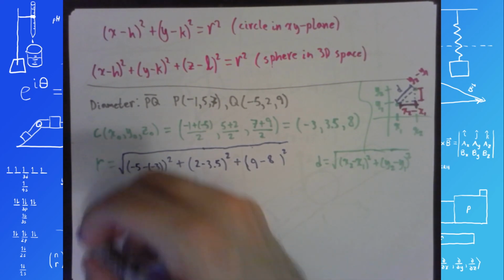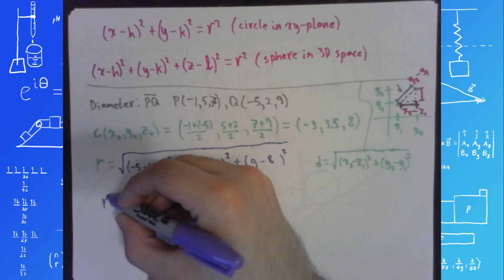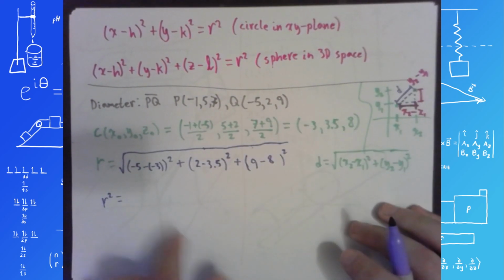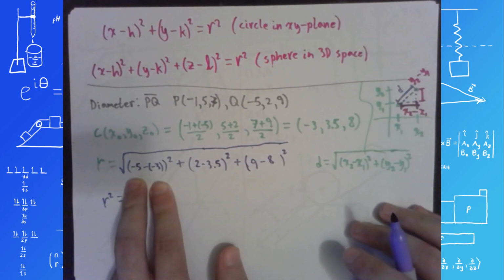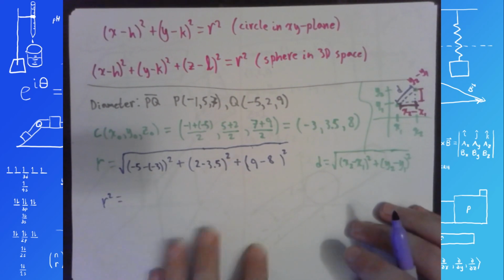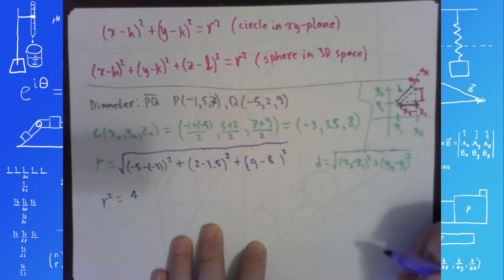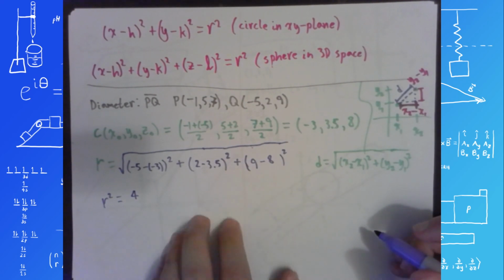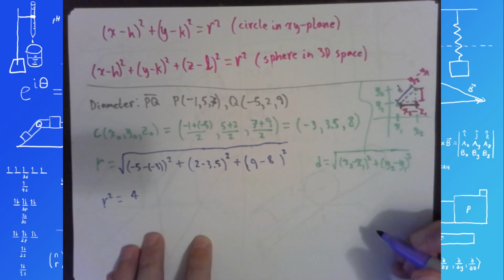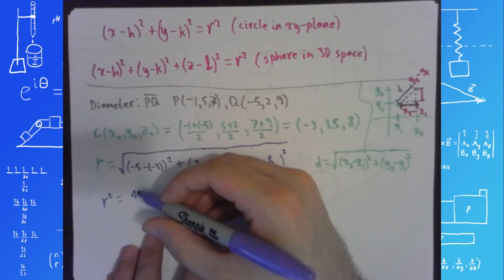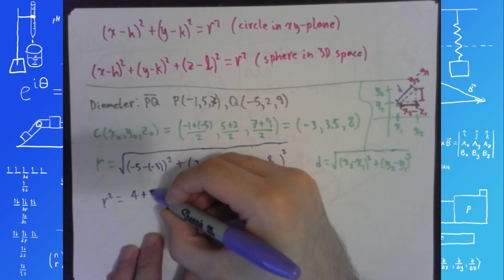All right, we get r squared is equal to -5 minus -3 is -2, and then squared is 4. 2 minus 3.5 is -1.5. -1.5 squared is 2.25.